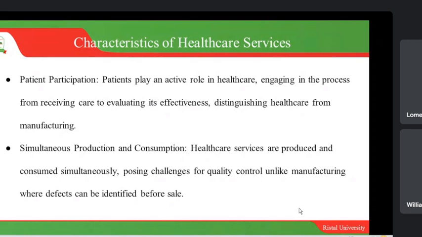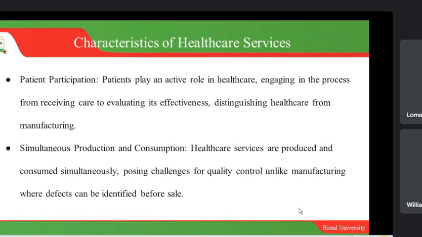We engage them in various processes from the point where they are receiving their care, to that aspect where we evaluate the effectiveness of the healthcare we are providing to them. And this is going to help us stand out as a healthcare facility. So patient participation is very critical.